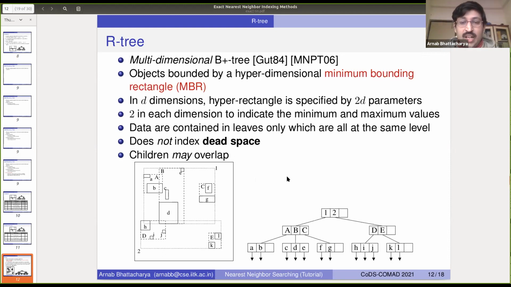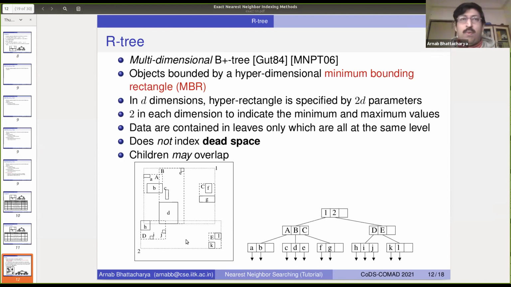Also, children may overlap. As you see, 1 and 2 are overlapping here. A and B are overlapping here. C, of course, does not overlap. So it may overlap, may not overlap. Because it may overlap, the question comes that when you are trying to search a point or find the nearest neighbor, the answer may be in multiple children.